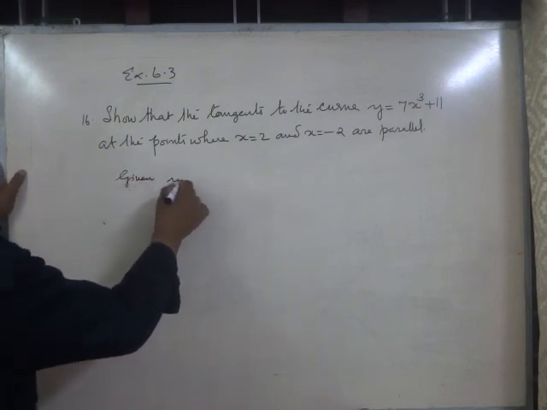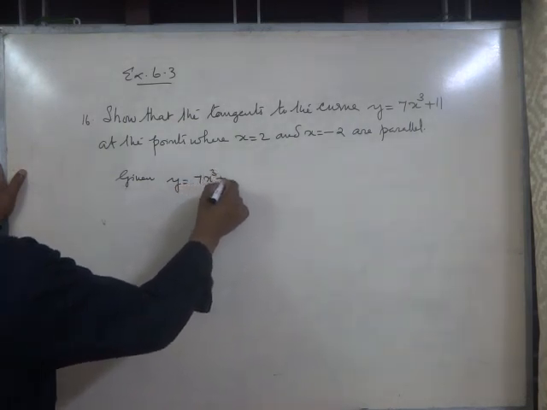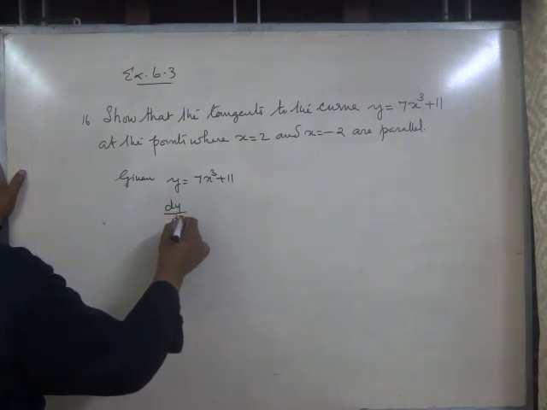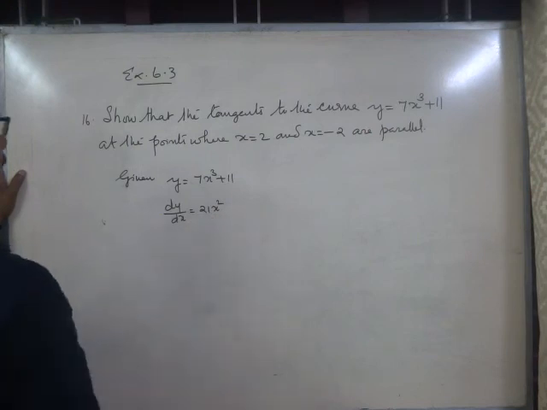Given y is equal to 7x cube plus 11, dy by dx equals 21x square.